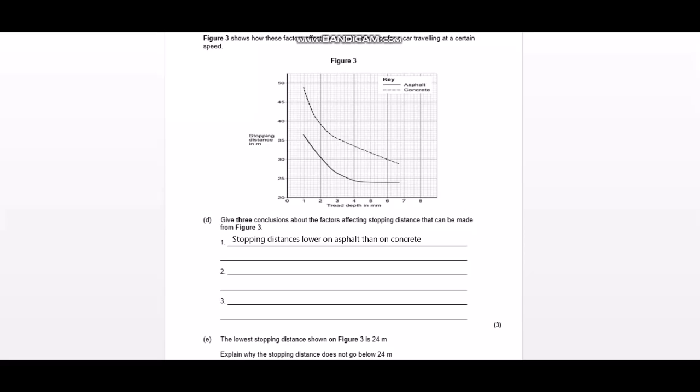If we look at, for example, a point on asphalt here, and we go up to the same point at a certain speed for concrete, this one is a stopping distance of 30 for the asphalt, whereas here it's 38.